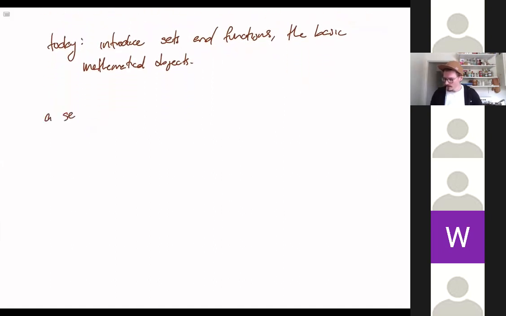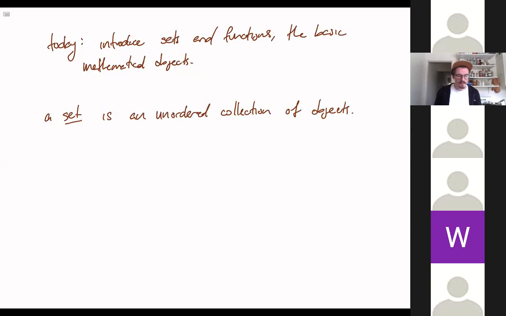A set is an unordered collection of objects. If this definition sounds a little bit vague to you, it basically is.